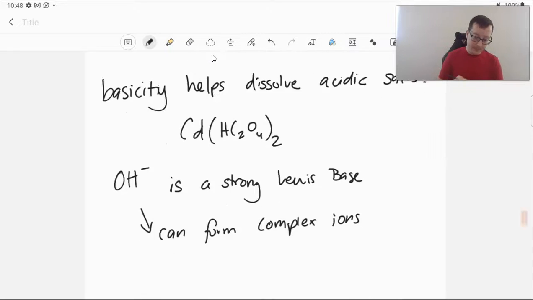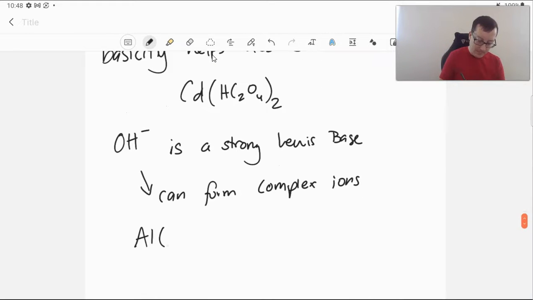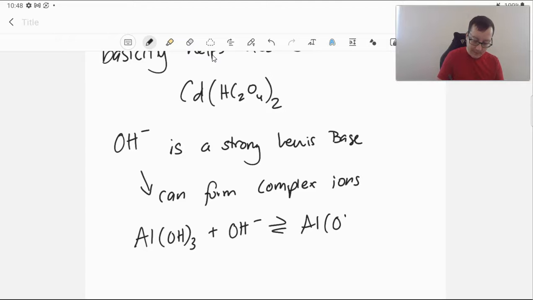For example, aluminum hydroxide is insoluble in pure water, not going to dissolve. However, if you add a hydroxide ion to it, you add a fourth one on there, and I have the Kf for this here somewhere.